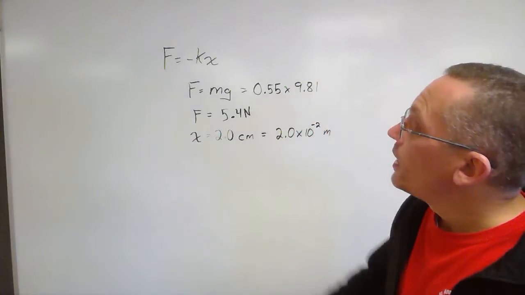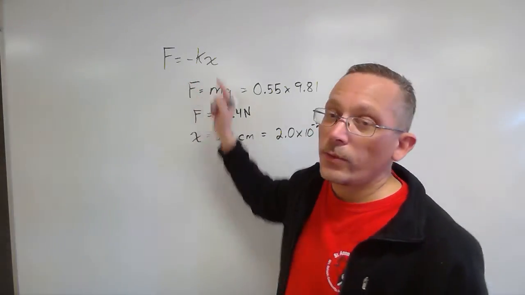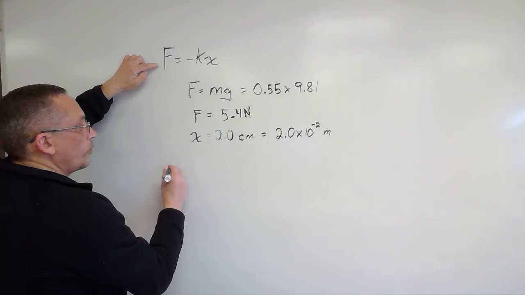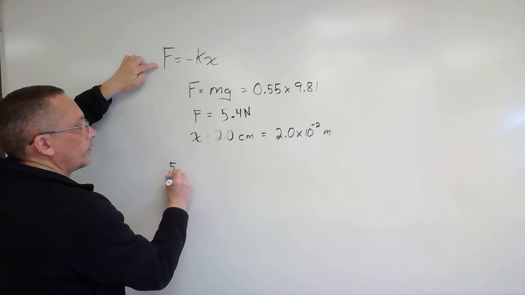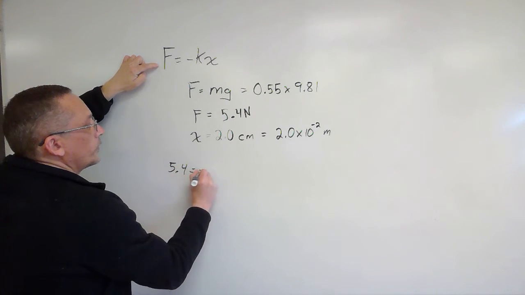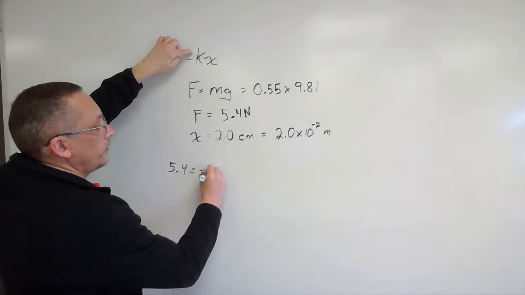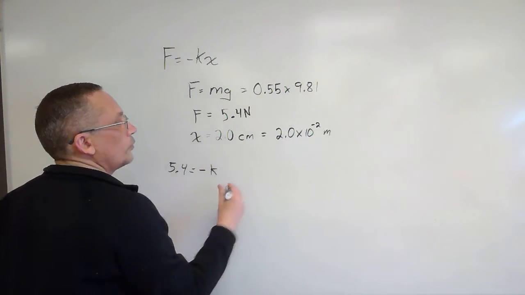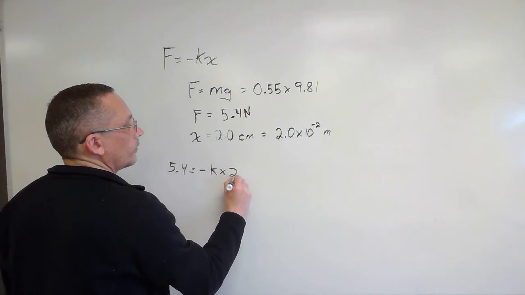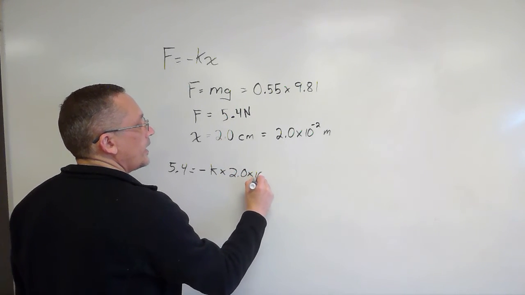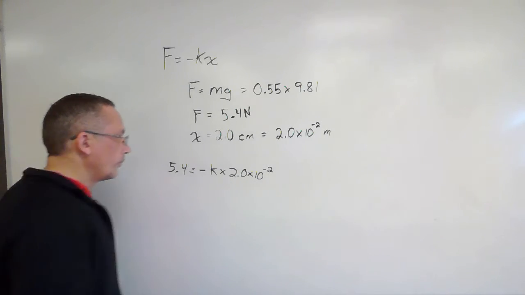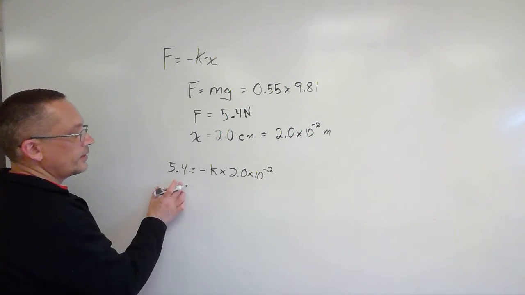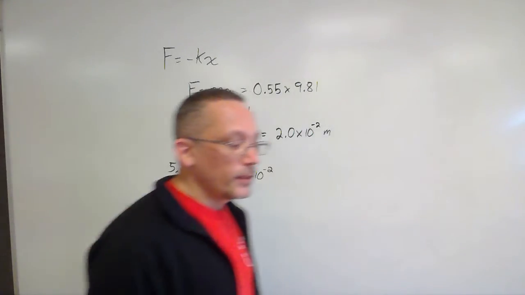All right. Then we can put our numbers into the equation and solve for k. So the force was 5.4, with the negative sign, k is our spring constant that we're looking for, and x is 2.0 times 10 to the minus 2. All we really have to do is divide by that distance.